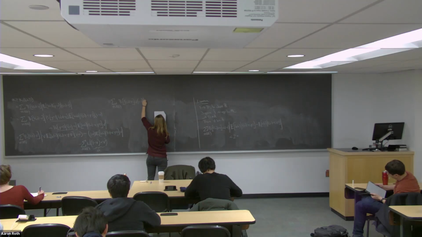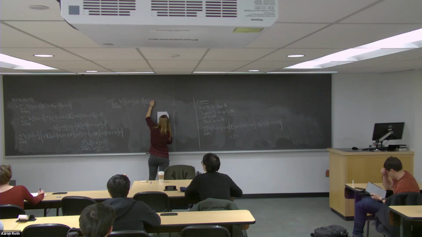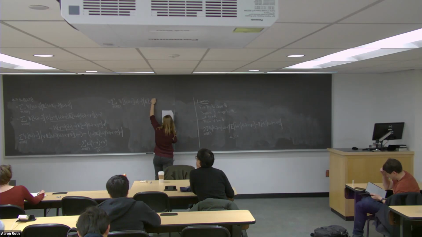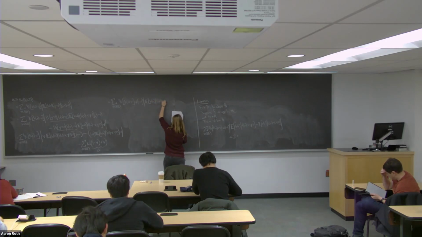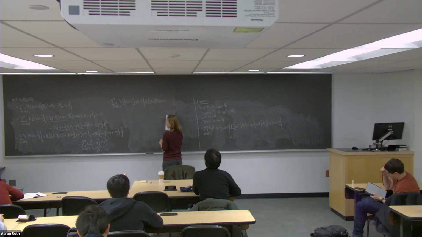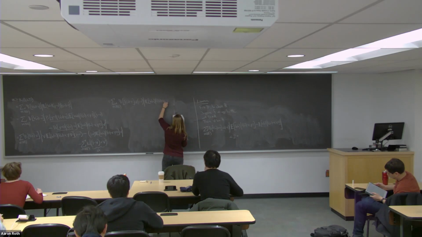What's left is just the expectation of h of x, and again, we're conditioning on our prediction and the label being 1.